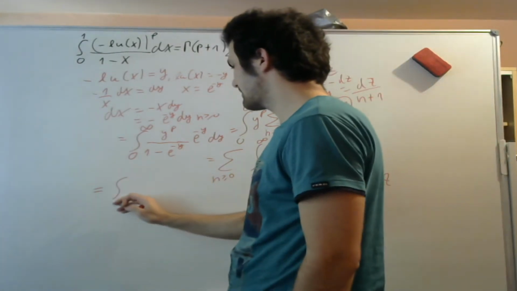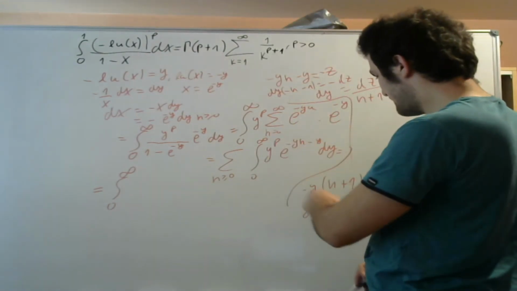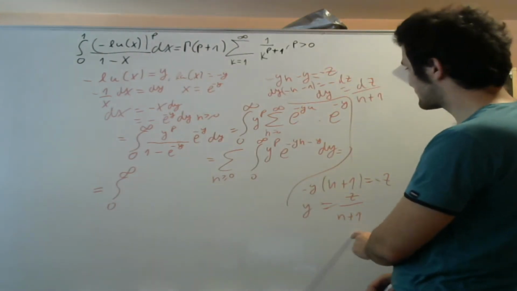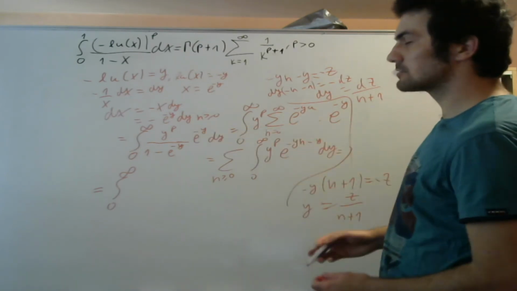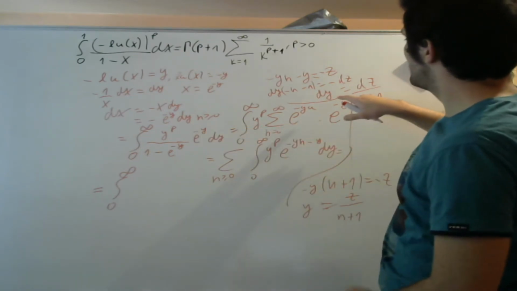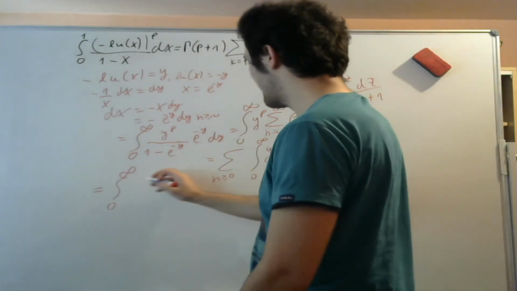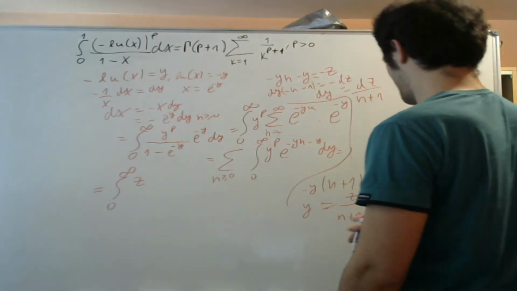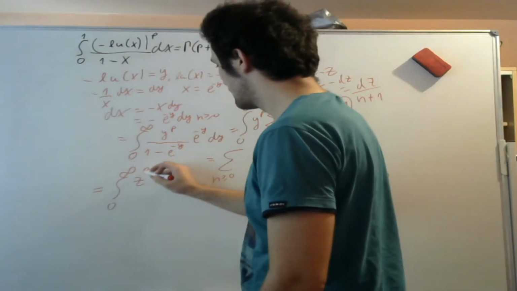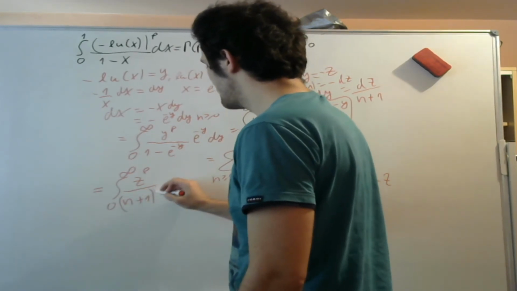So we will have an integral from 0 to infinity, u to the p, where u is z over n plus 1. It will be z to the p over (n+1) to the p. But from the du, we have another n plus 1. So we will have z to the p over (n+1) to the p plus 1.